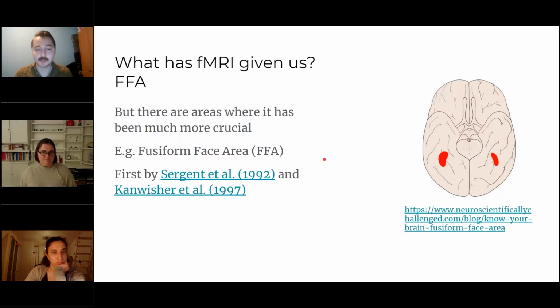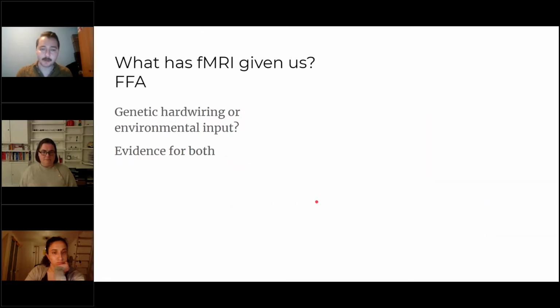This was first demonstrated using PET imaging by Sergent and colleagues, and then really investigated a lot and given the name FFA by the neuroscientist Nancy Kanwisher, who I think is at MIT, in this very influential paper in 1997. So a lot of research on this area has been about finding out why exactly the FFA exists. There are two extremes of this kind of view.